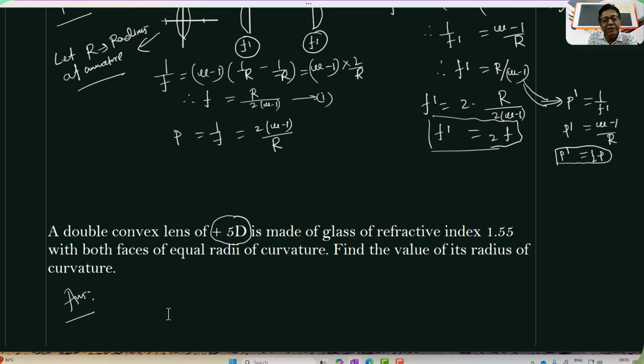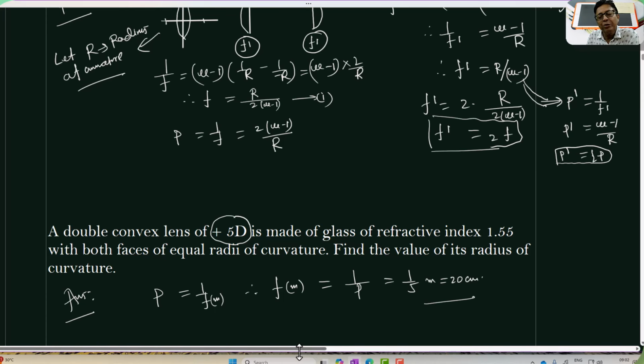Power is given, 5 diopter. So P is 1 by f. F in meter will be 1 by P, 1 by 5 meter. This is 20 centimeter. Focal length is 20 centimeter.